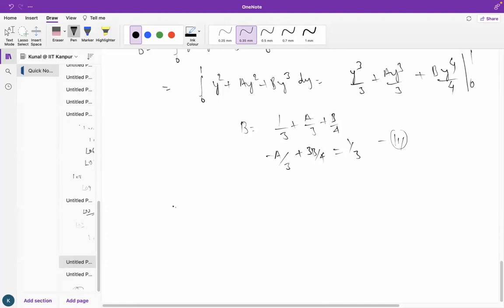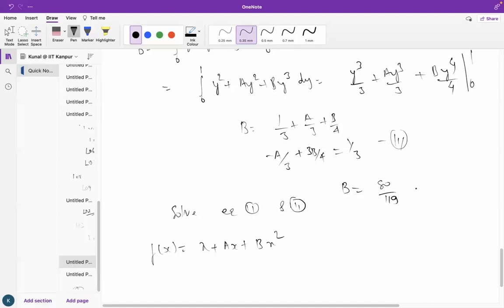When we solve equations 2 and 3, we will get the final answer. f of x is equal to x plus ax plus bx square. When we solve this, we get the value of b is equal to 80 by 119.